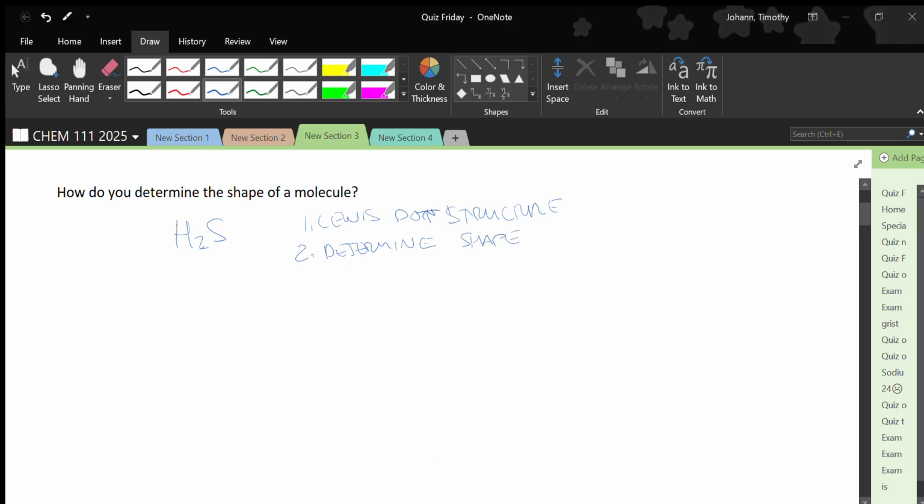And you're going to determine the shape based on the number of electron groups around the center atom. I should be typing this because that's probably barely legible.